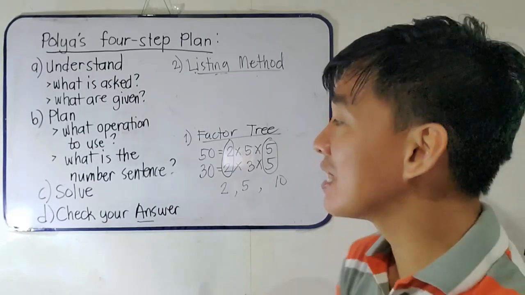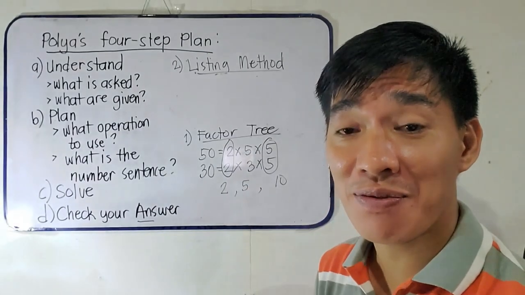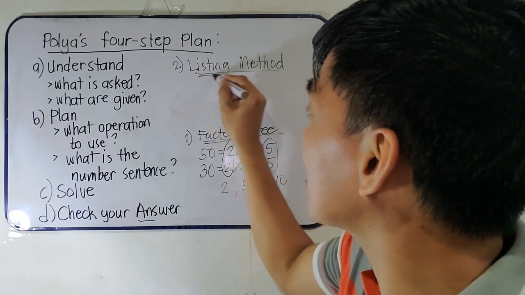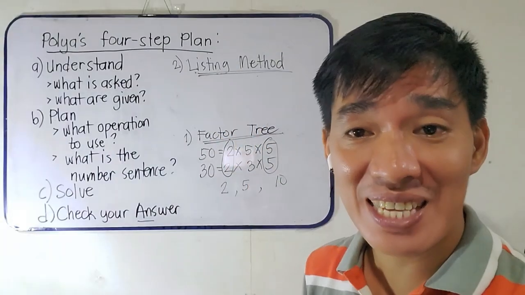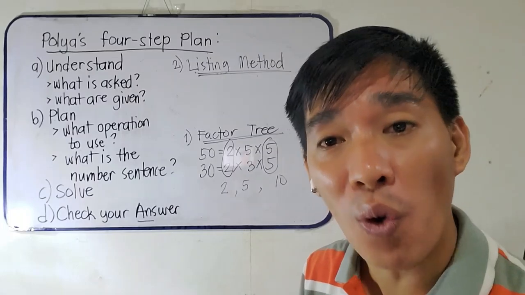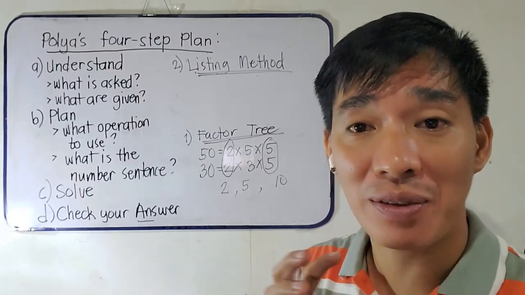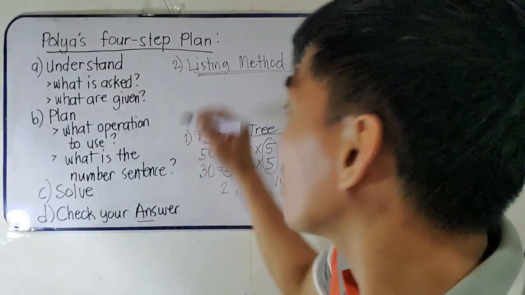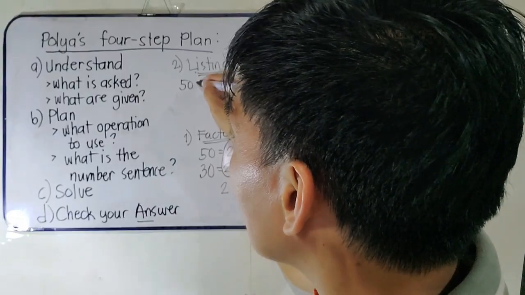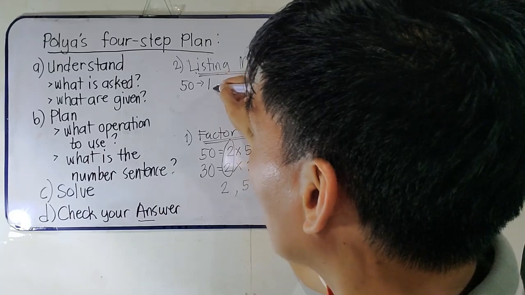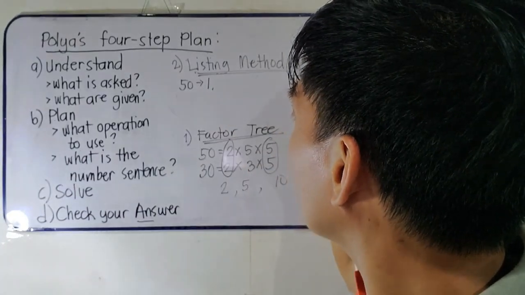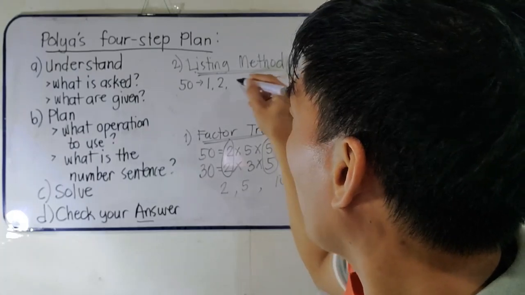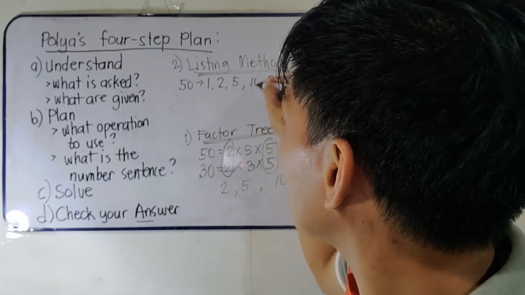We are already done with the first method, which is the factor tree method. This time, we will be using the listing method. When we say listing method, we have to list down all the factors of 50 and the factors of 30. Then after that one, you have to get their common factors. So for the factors of 50, those are 1 times 50, 2 times 25, and 5 times 10.